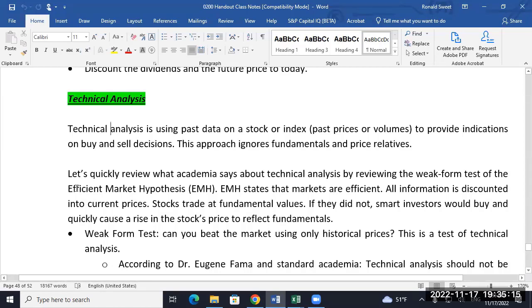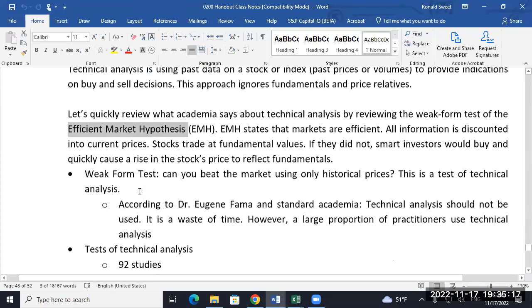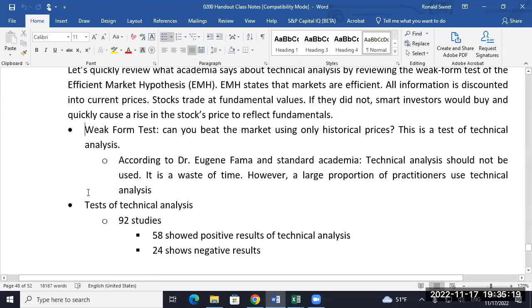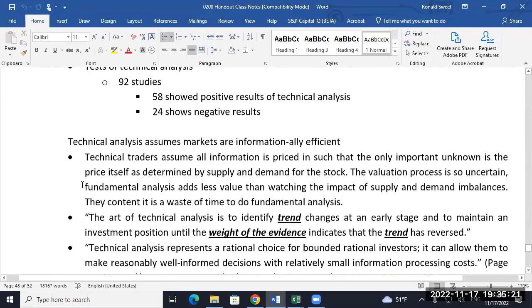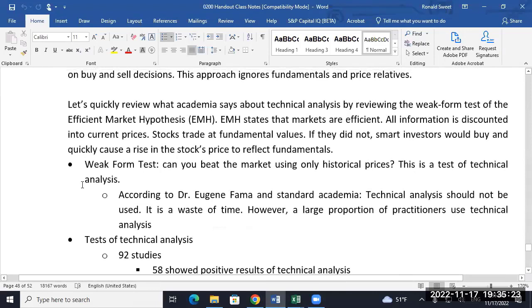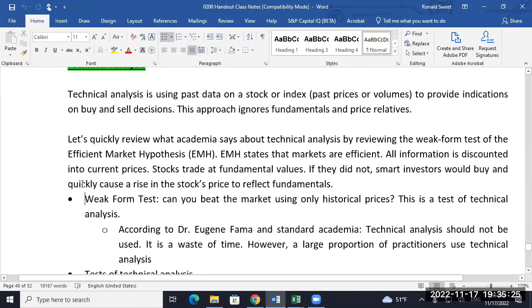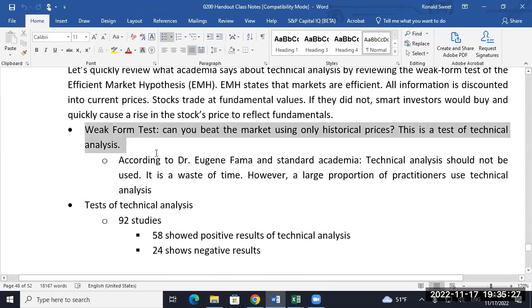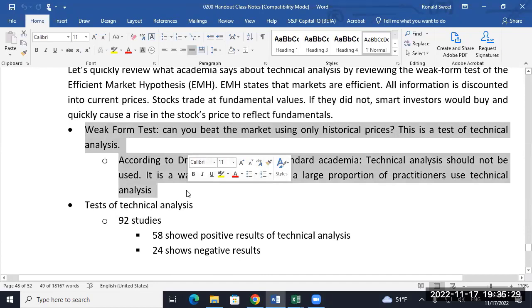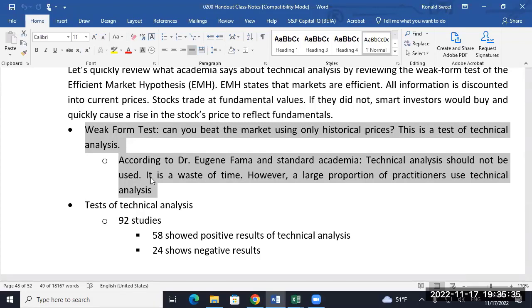Now, you've probably seen the efficient market hypothesis before. There are 3 versions of it: the weak form, the strong form, and I forget the third. But anyway, the weak form test: Dr. Fama in the 70s asked the question, does knowing past prices and their trends give you any advantage in predicting where the price is going next?